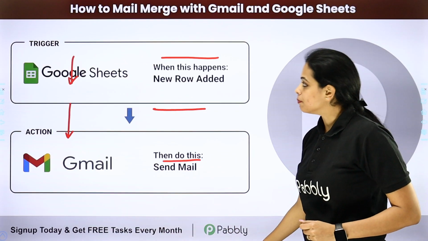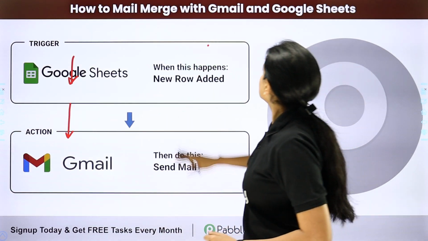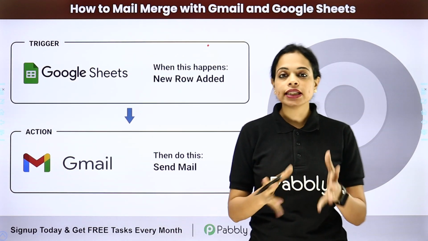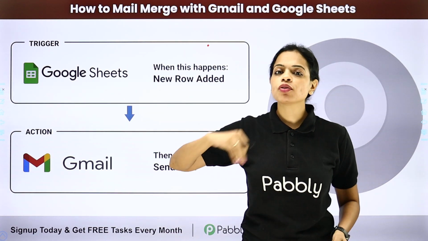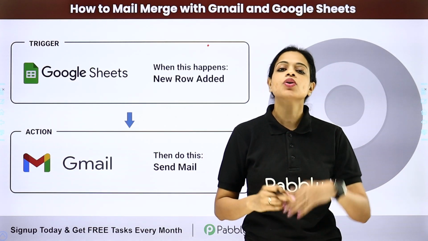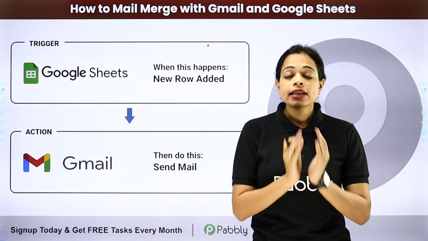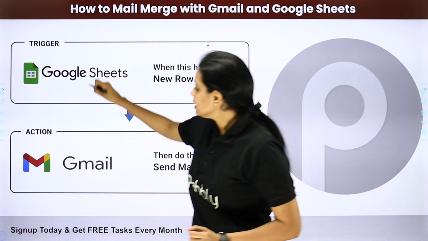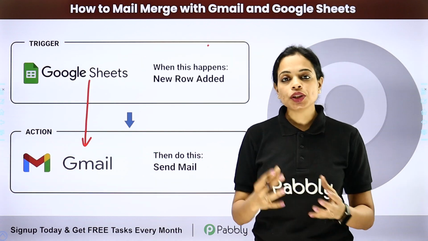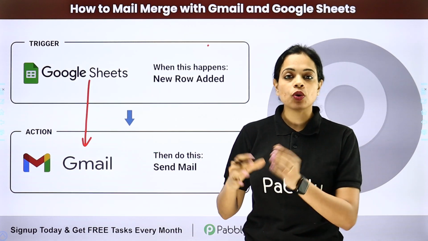Let's see another example. How to mail merge with Gmail and Google Sheets. So let's say that you have got certain data in your Google Sheets. So you have got the data of your customers, let's say it is birthdays or anniversaries or any other information. Now what you want is integrate the two applications so that automatically you can schedule it for different days, for different occasions.